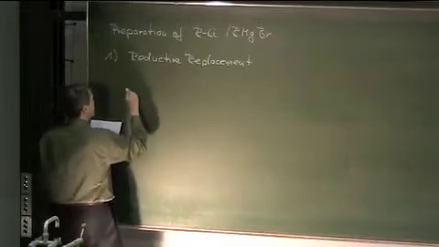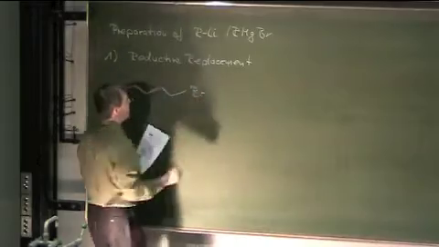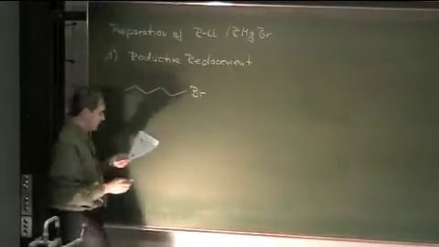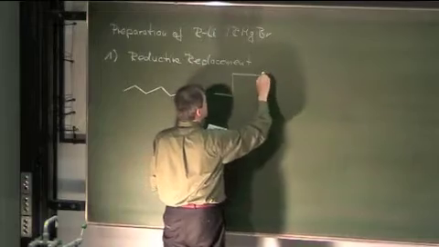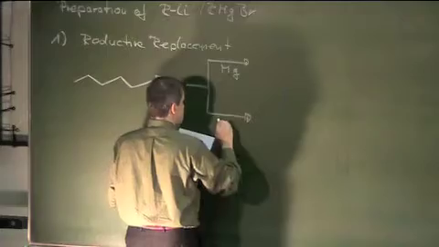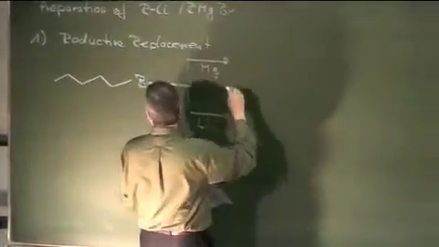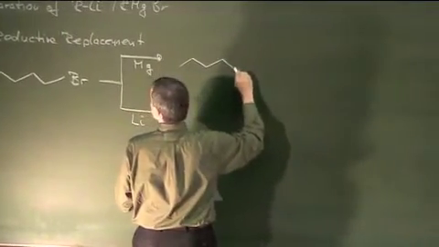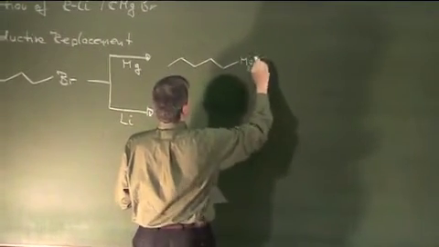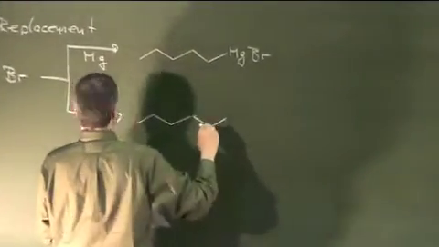And so the classic examples are that you take an alkyl halide, and you can treat it either with magnesium metal or with lithium metal, thereby forming the corresponding organolithium or organomagnesium compound.